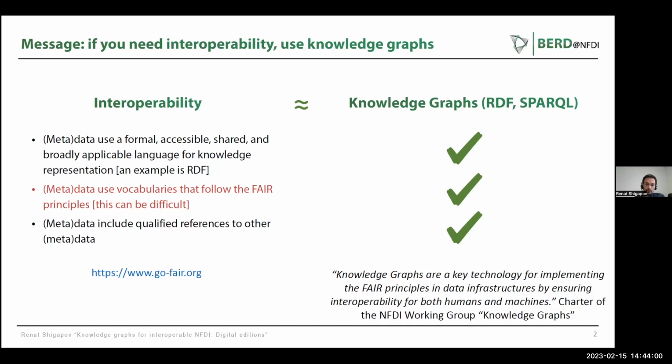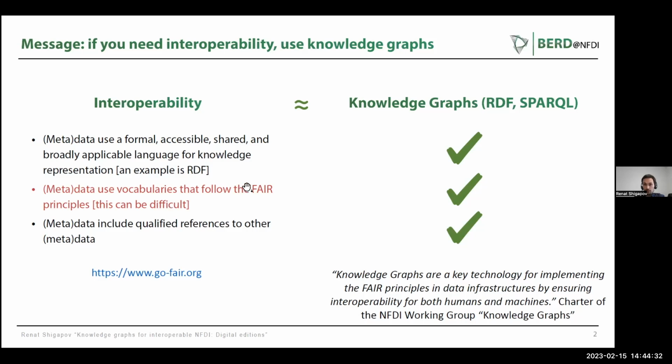If we go to gofair.org and look at the conditions for interoperability, we see these three conditions. And the second is the most difficult: metadata use vocabularies that follow the FAIR principles. If we take a look at data repositories, these conditions are very rarely fulfilled, and not even for all metadata, but only for a small part of it.